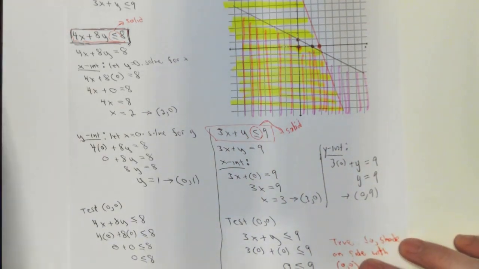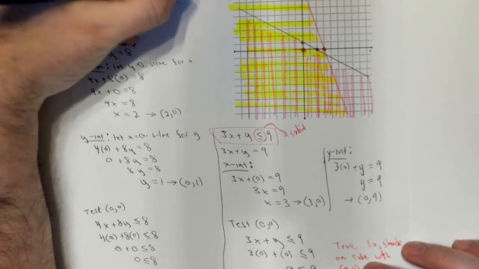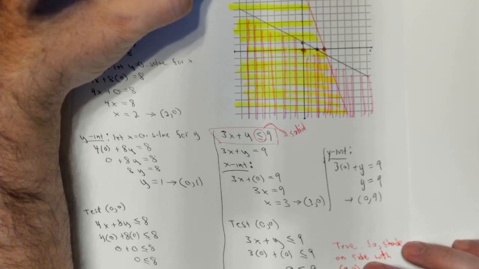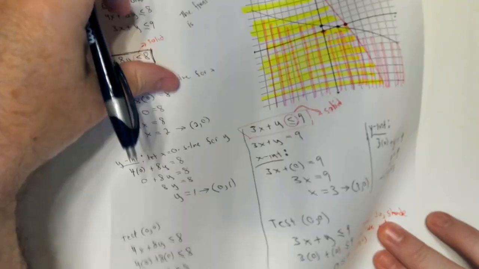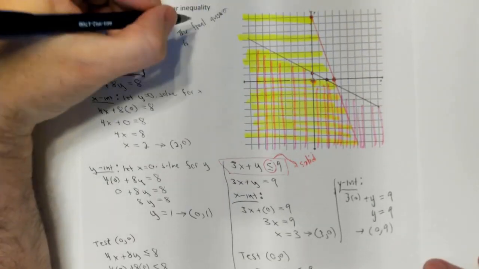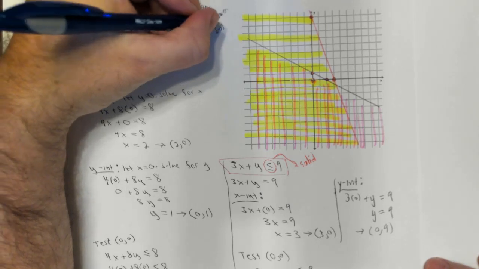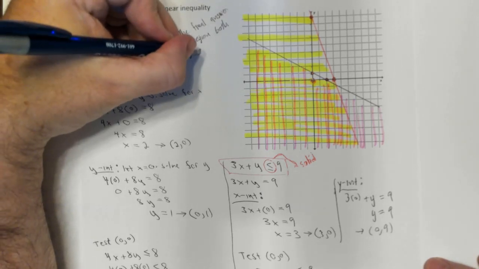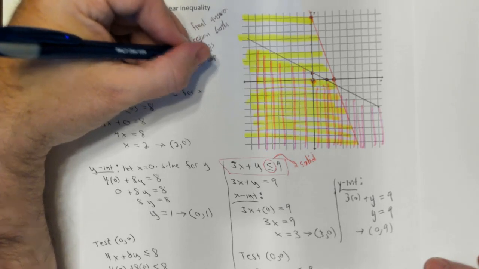So, and maybe I should write that. The final answer is the region both shadings overlap.